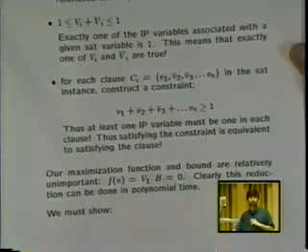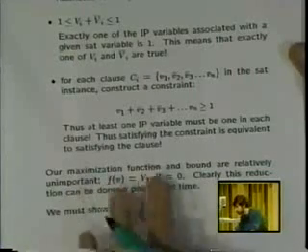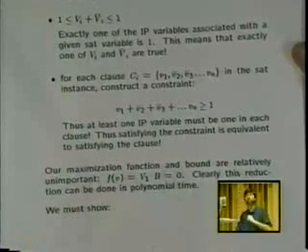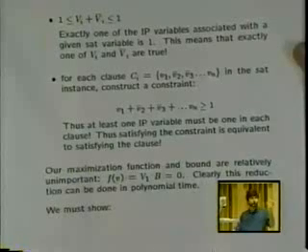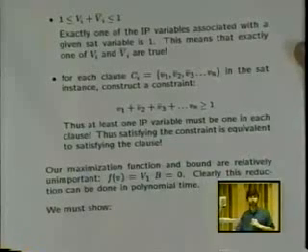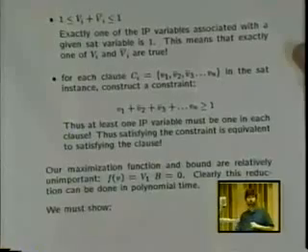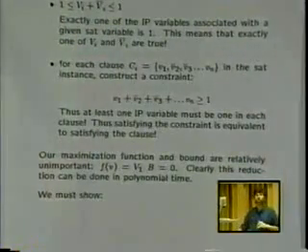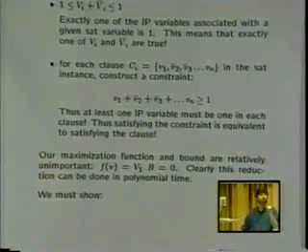So basically, this is a trivial maximization problem. So the maximization function is not what's making it hard. The hard part of integer programming, it turns out, is not maximizing something, but just satisfying the constraints. That's really what we're saying here. Questions?